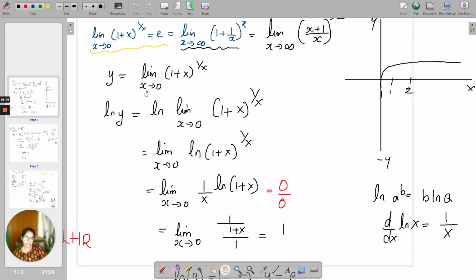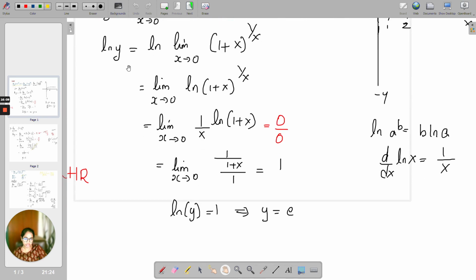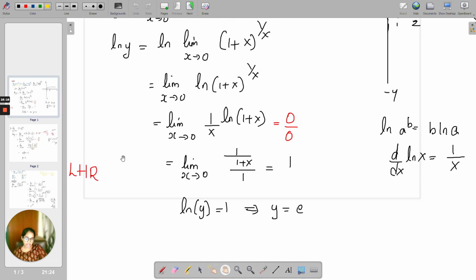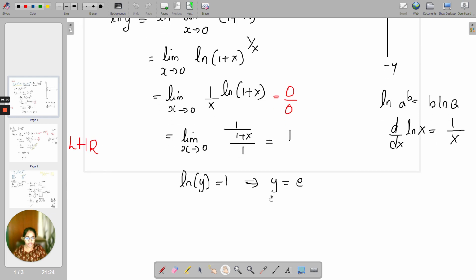We took limit x tends to 0, the given question. We applied ln on both the sides. We used some properties of ln and we arrived at 0 by 0 form. Yes, and then using L'Hospital's rule we got 1, that is ln y is equal to 1. So we can write it as y is equal to e, because anti-ln is what? e, right?